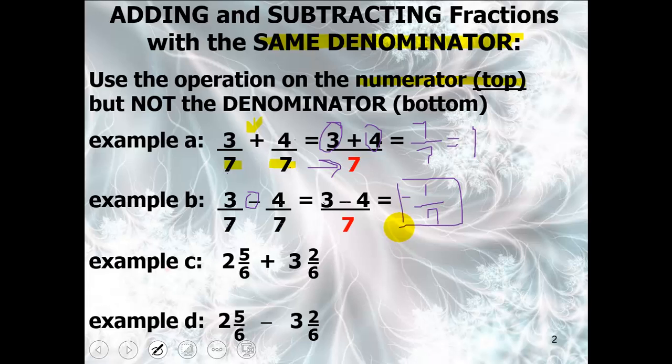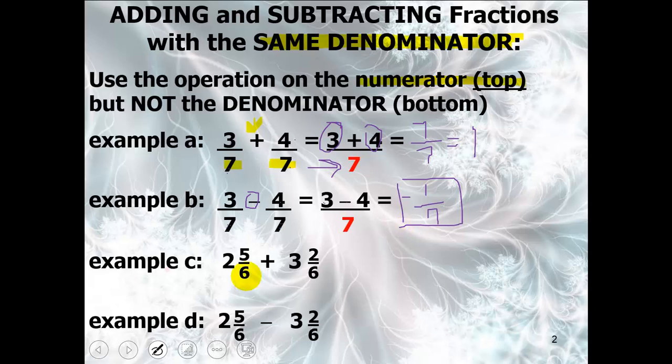In example C, the technique that I want you to use, because I want to build on the skills that we've been learning, is whenever you have a mixed number, I want you to convert it to an improper fraction first, and then if you need to, go back. All right?